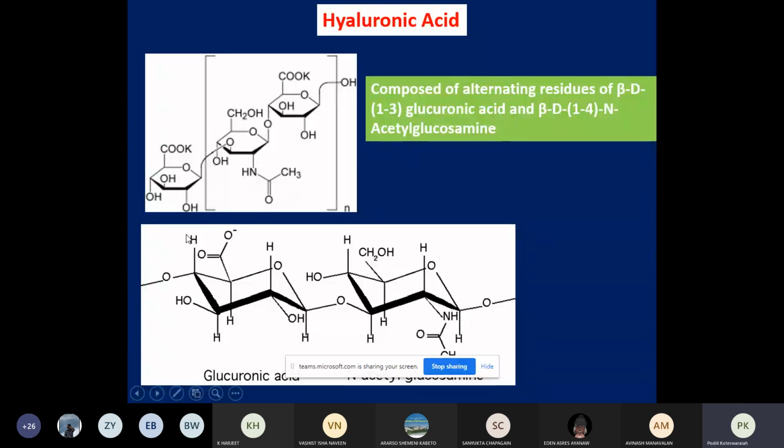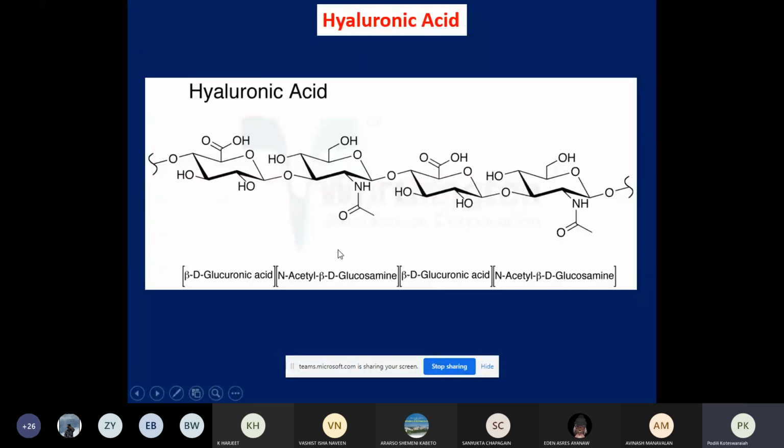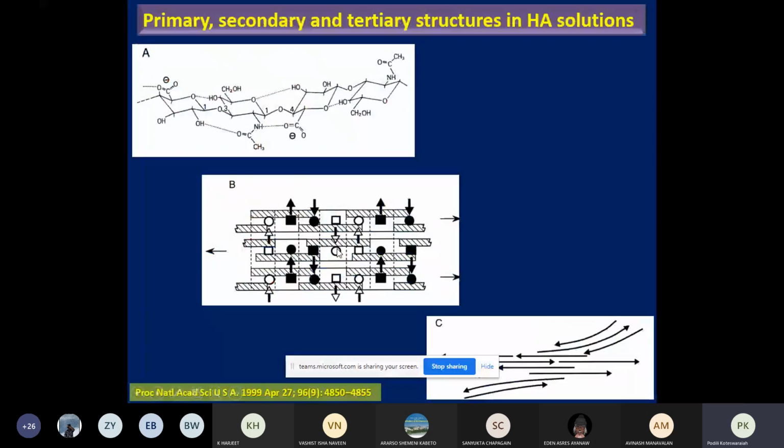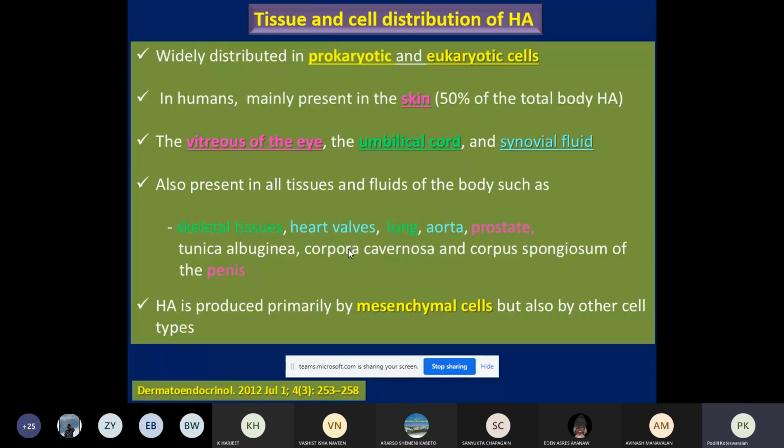And this hyaluronic acid is a very high molecular weight polymer, with a molecular weight of up to 6,000 to 8,000 daltons. It is mainly present in the extracellular matrix and the pericellular matrix, and is also seen in very small amounts intracellularly.